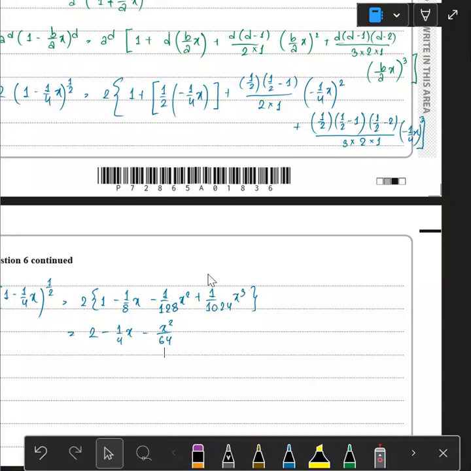So 0.5, 0.5 minus 1, 0.5 minus 2 divided by 6 multiplied by negative 1 by 4 whole cube is negative. So yeah, I wrote it wrong here. So this will be negative, and if you multiply this, then this will be negative x cube divided by 512.